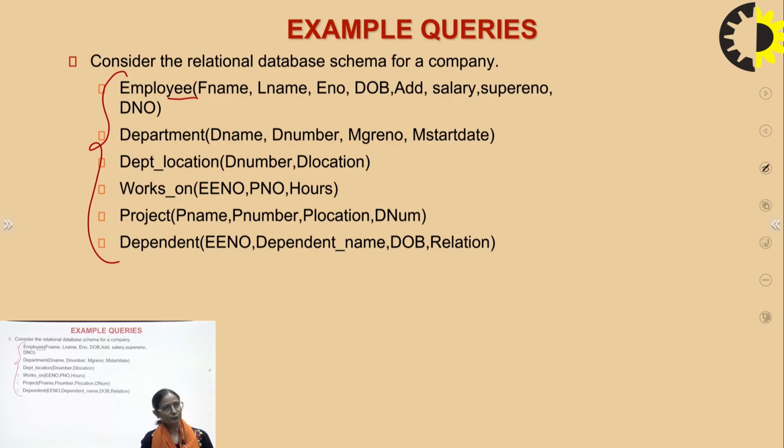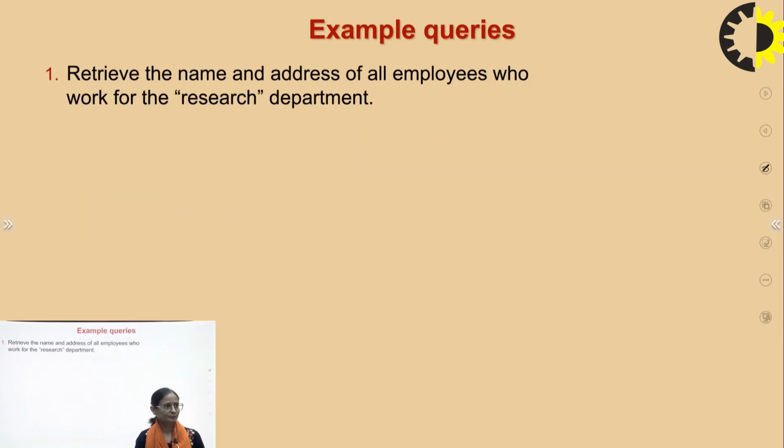Corresponding to these relations, I have a certain set of attributes. For instance, employee has these attributes, department has these attributes. In department location, I have only 2 attributes, that is D number and D location, and so on.